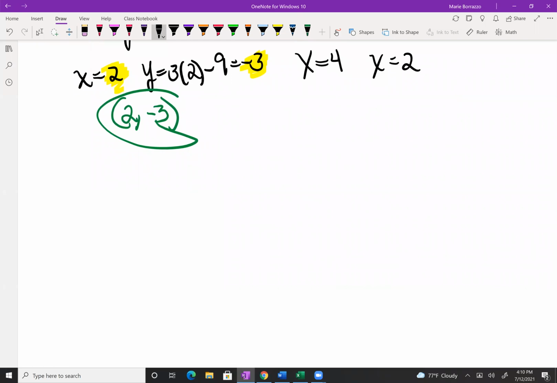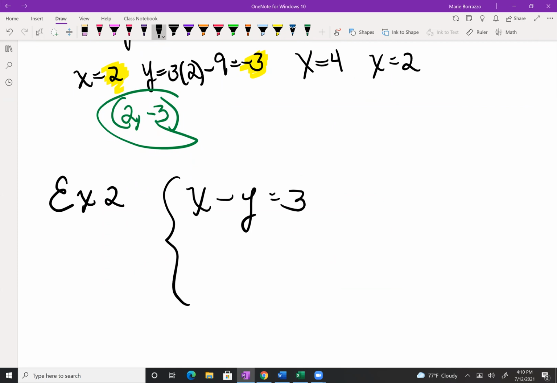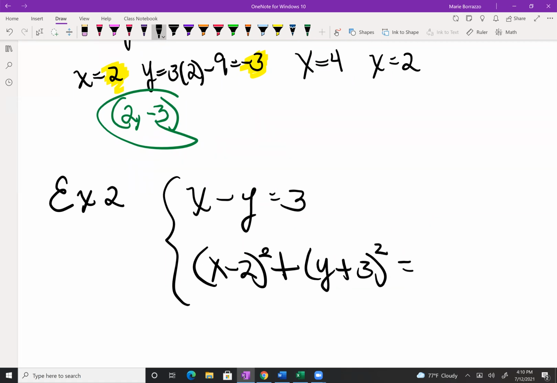Okay, example 2. In example 2, we're still doing the same thing. We're using substitution. They're giving us the system where I have x minus y is equal to 3. And then they give us the equation of a circle, (x minus 2) squared plus (y plus 3) squared equal to 4.